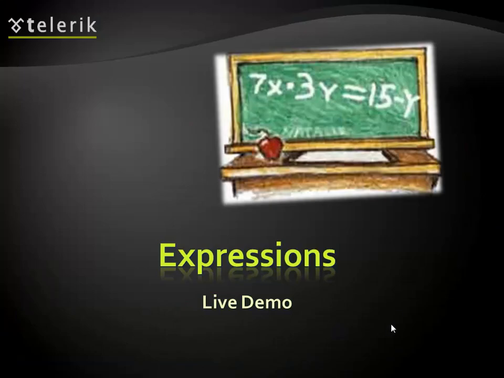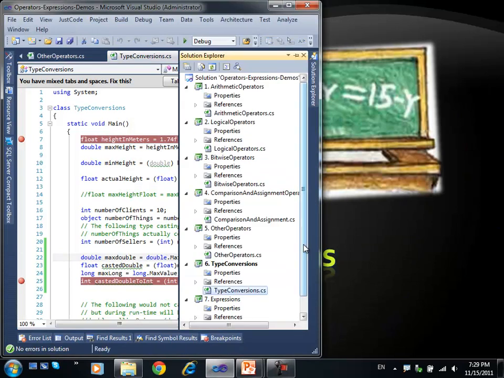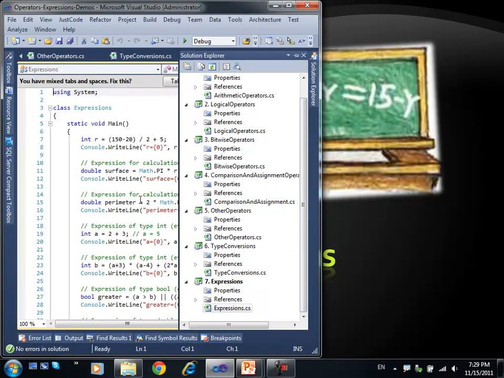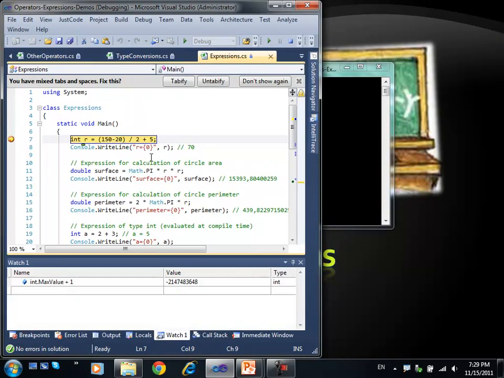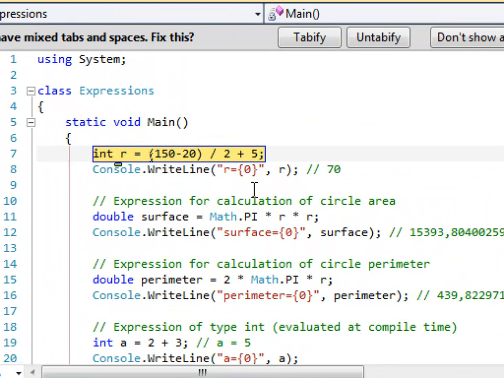Okay, let's see the demo. So arithmetic calculations, as we can see, parentheses take precedence. The first thing we have is a calculation of subtraction, then we'll have the division, then the addition. So 130, 65, plus 5, 70.